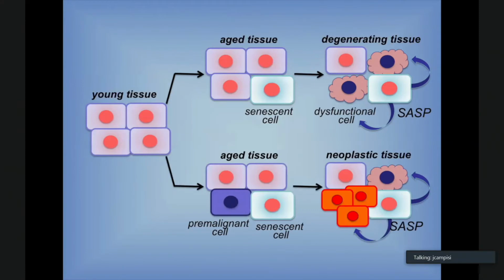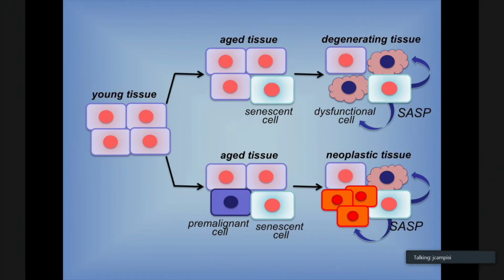Of course, what happens with age is we're all accumulating premalignant cells. We all, even very young people, have some premalignant mutations. And we would argue that this secretory phenotype can even then drive these premalignant cells into full-blown malignancy. So this can explain a large swath of age-related diseases.